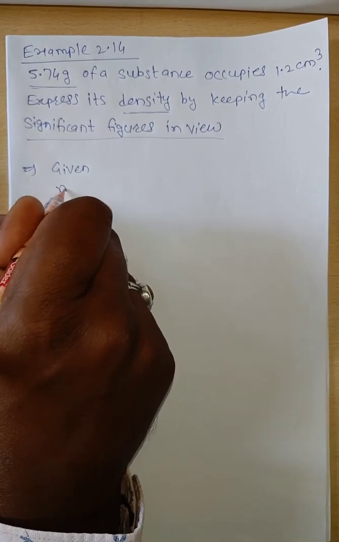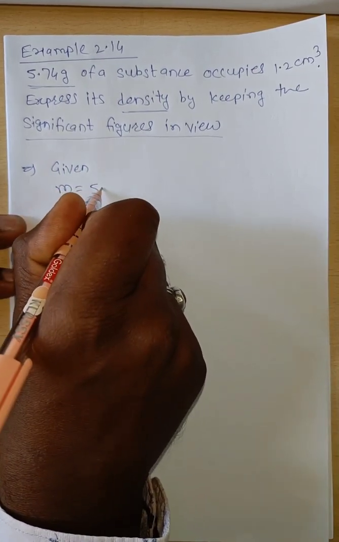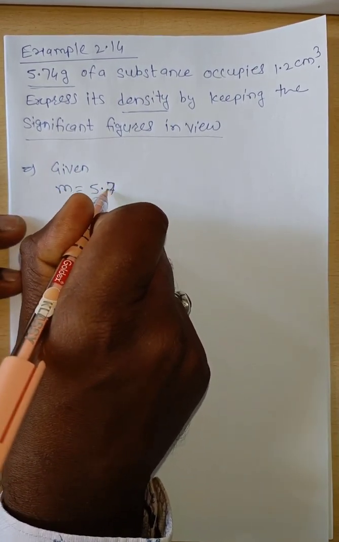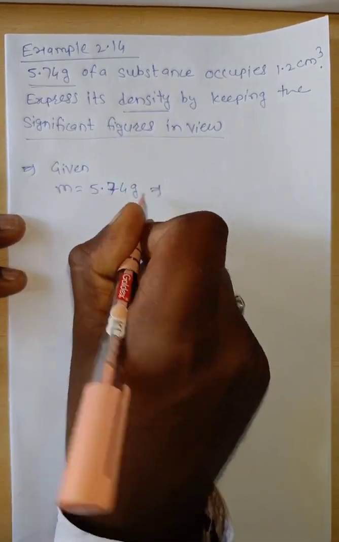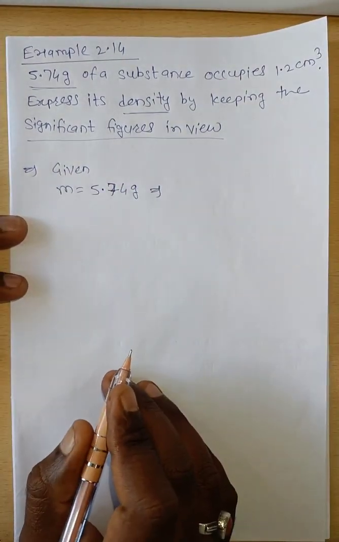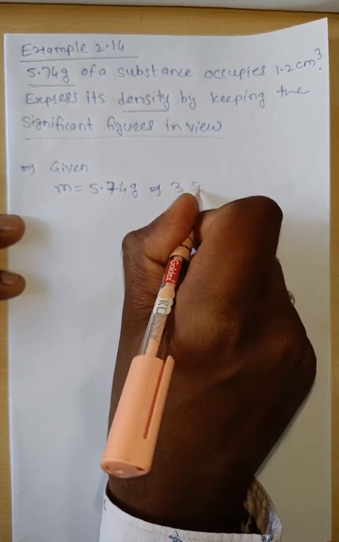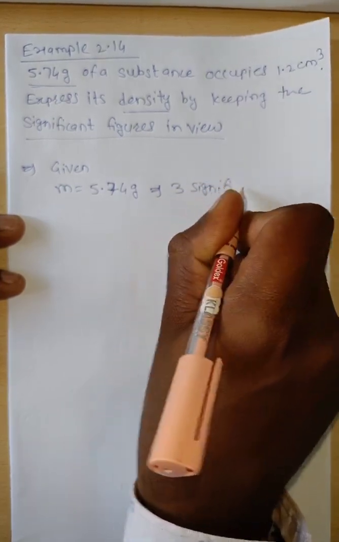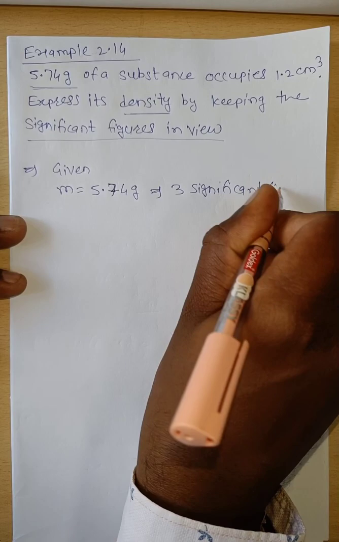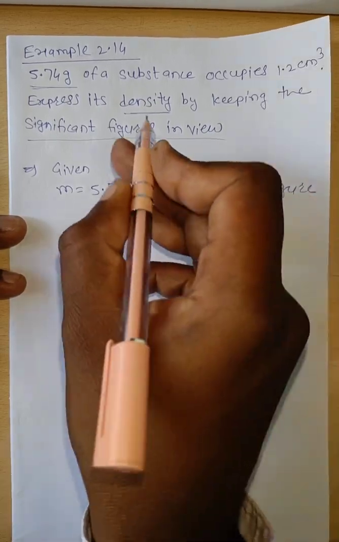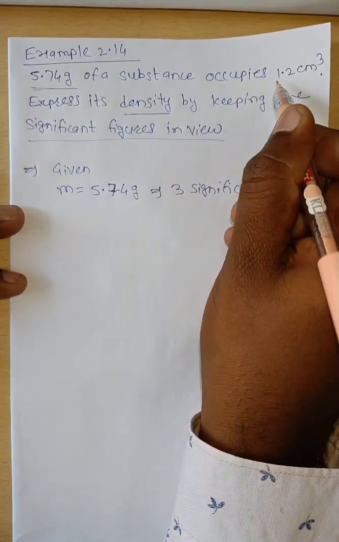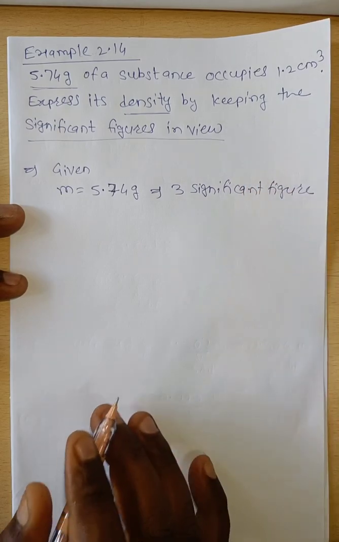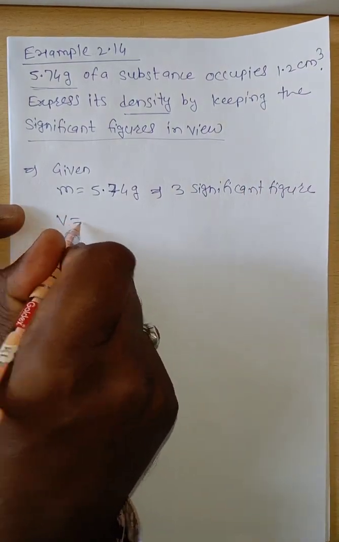Then the mass of the substance M is equal to 5.74 grams. Now 5.74 has how many significant figures? 3 significant figures.